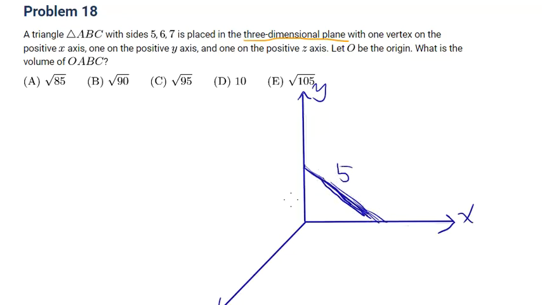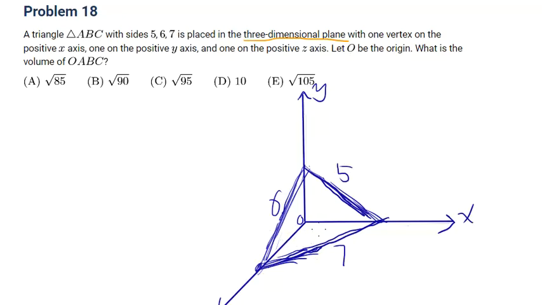Let's make this the 5, this the 6, and this the 7. Okay, this is O. What's the volume of OABC?